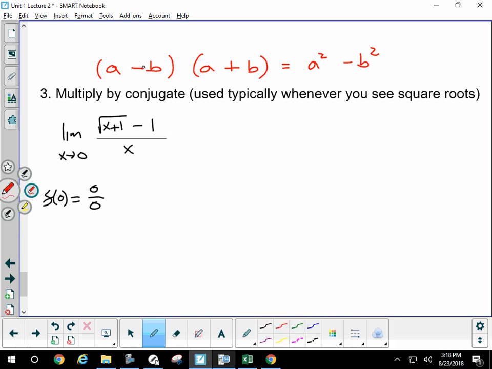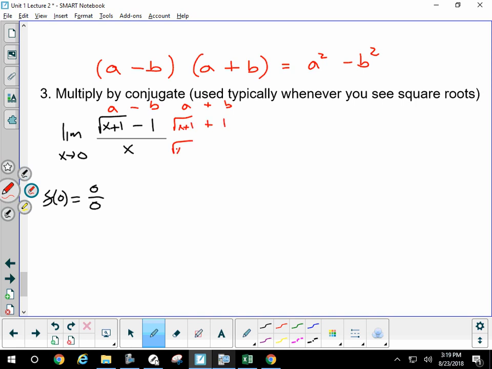We actually want to square all of this term, which is why we consider that entire square root a. And 1 is b. So I'm going to multiply this by a plus b, or multiply the top and bottom by root x plus 1 plus 1.